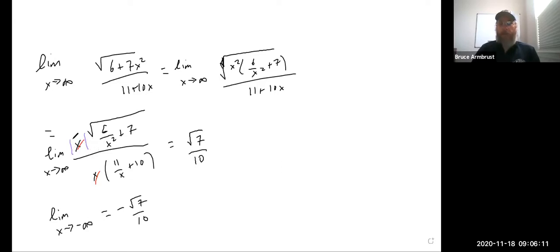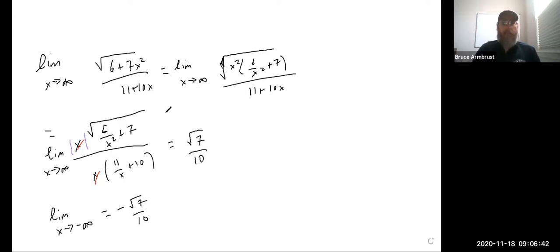If all of a sudden I throw in absolute values, people start going, wait, what? Where'd it come from? And then trying to divide an absolute value by something that's not an absolute value is confusing again, right? So that's why I don't do it. I just factor out the x and I cancel. But what I remember is that when you pull stuff out of a square root, there's the potential that you change the sign.